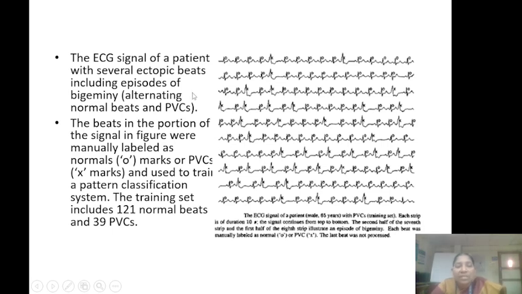This is an ECG signal of a patient with ectopic beats. You can see that in this waveform there is bigeminy. Bigeminy means alternating normal beats and PVC.